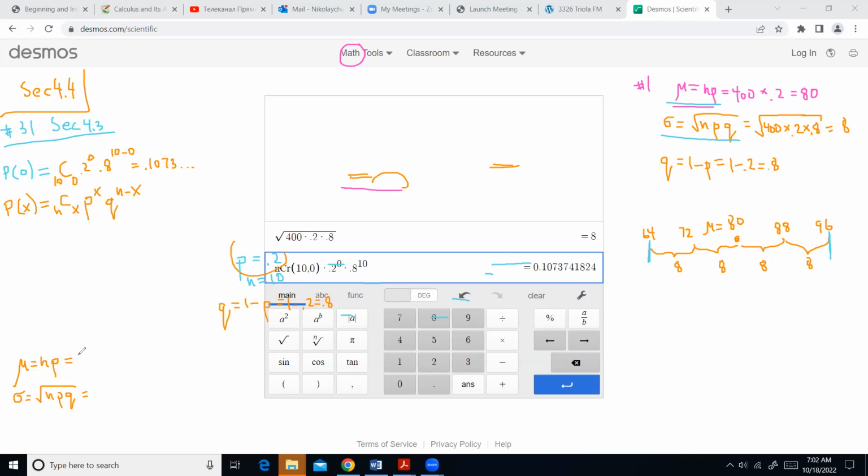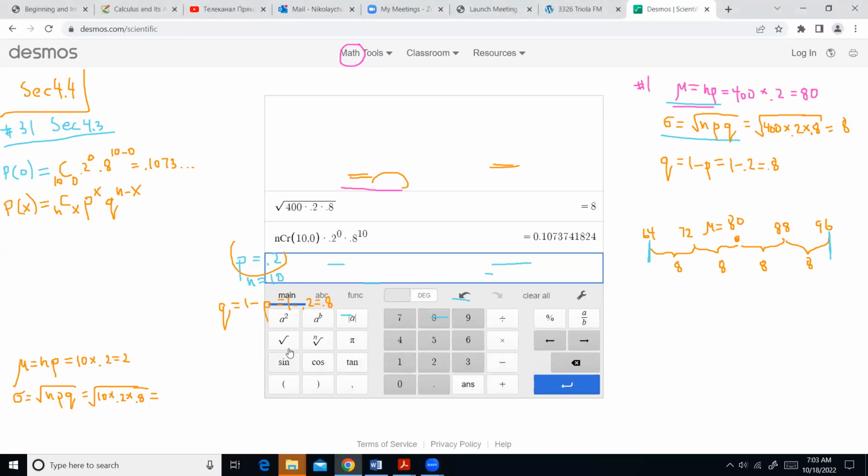So I take 20% out of 10 people, and this is going to be 2. So we actually expect 2 people to watch the show, but it may be a little less or a little more. So we can find the ballpark, which is a standard deviation. So I can multiply these 3 numbers, N, P and Q, and then of course put this inside the square root.